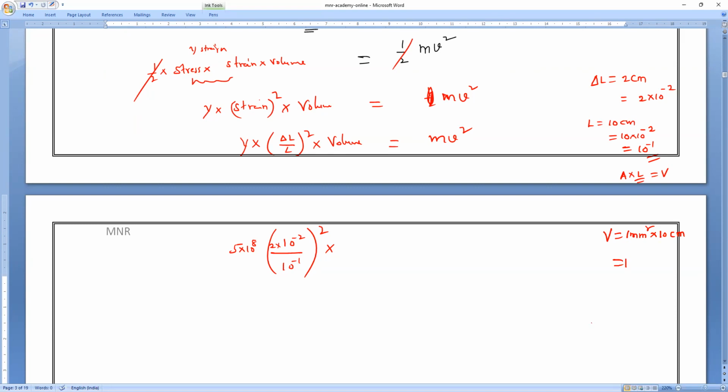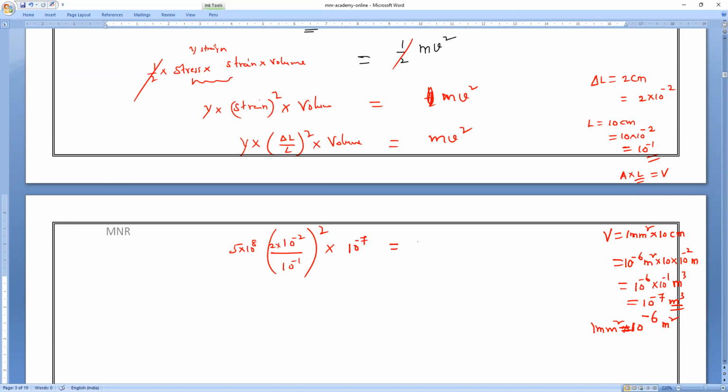Convert it. 1 millimeter square is equal to how many square meters? 10 to the power of minus 6 square meter, into 10 power minus 2 meter for the length. So 10 power minus 6 minus 2 plus 1, which is 10 power minus 7 meter cube.